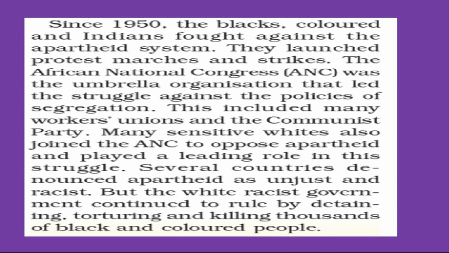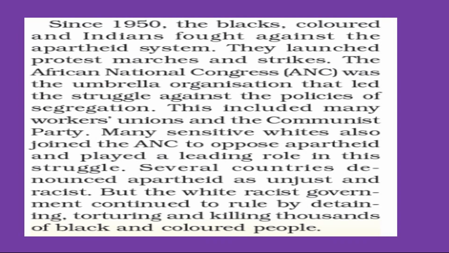So that's the reason why it was very, very cruel. Nelson Mandela fought against apartheid policy, and that was considered treason by the white government, and he was kept in prison for nearly 28 years.